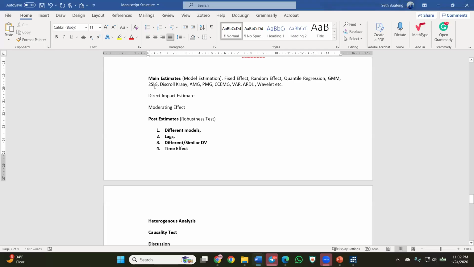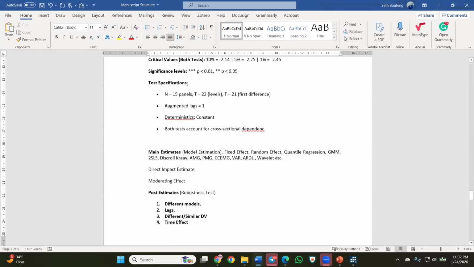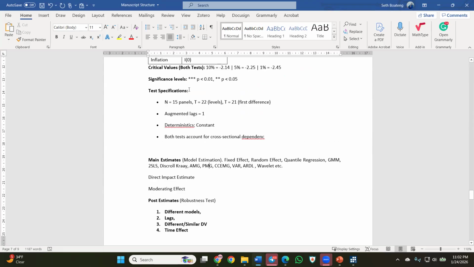Two-stage least squares is also good. Driscoll-Kraay is acceptable, but it does not address all the above problems enough, especially the cross-sectional dependency. But it is acceptable, provided you can give reasons. And then the GMM is accepted.